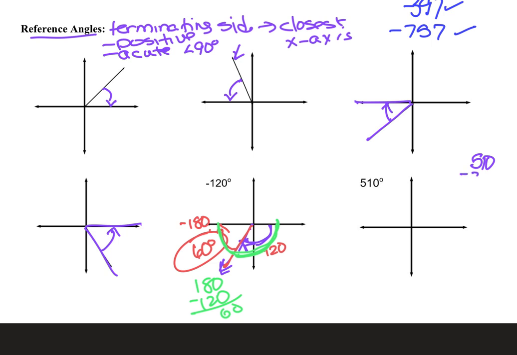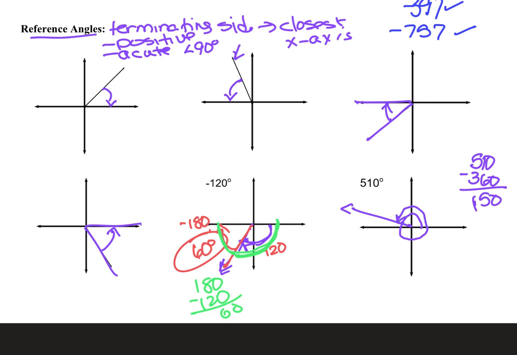So I would find an angle that's coterminal to it. I subtract 360 and I get 150. So 150 would end somewhere like here. So the angle 510, drawn in standard form, would start on the positive x-axis, go around 360 degrees, and then another 150.